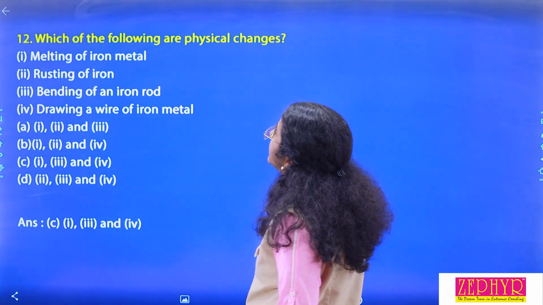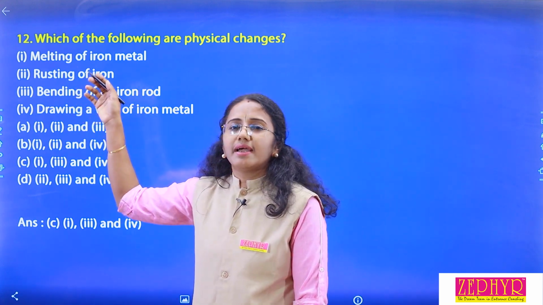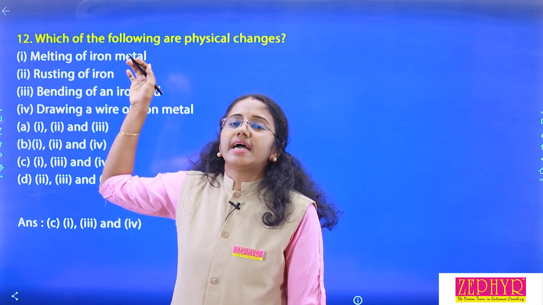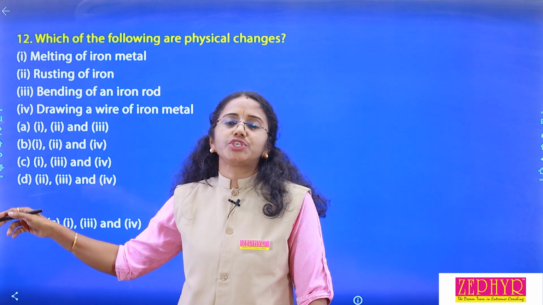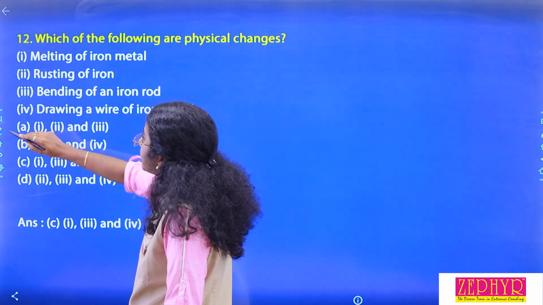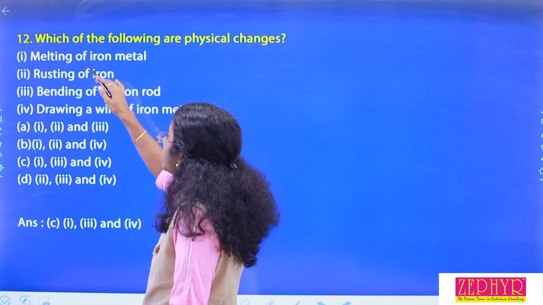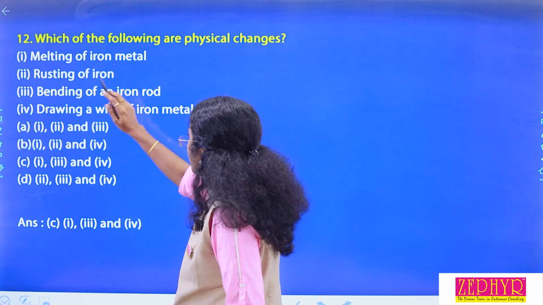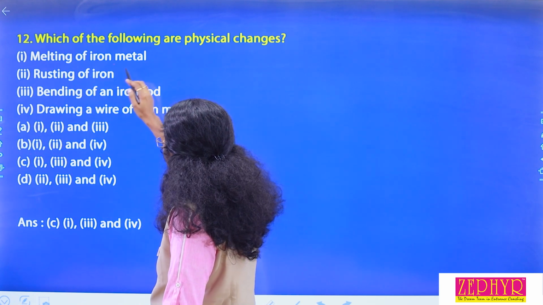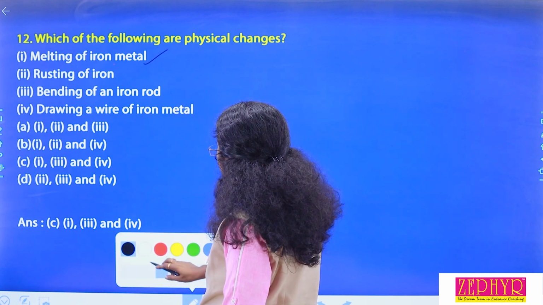Next, 12th one, which of the following are physical changes? Physical change is a temporary, reversible change, and no new substance is produced. Melting of iron is a physical change, because melting just converts solid to liquid and no new substance is produced.